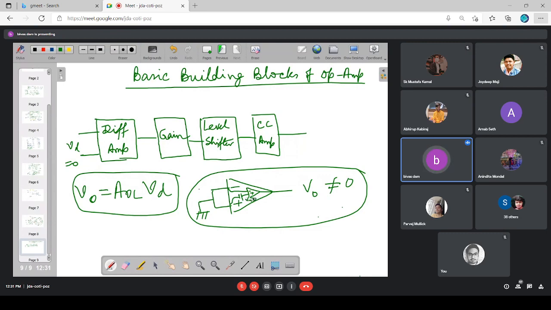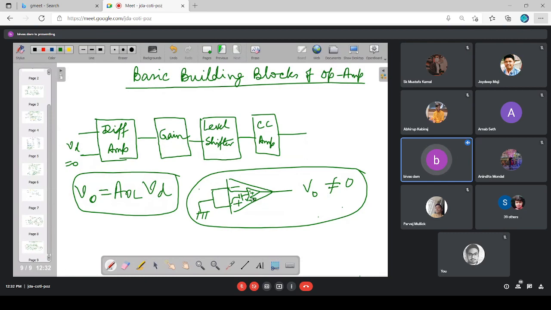And this voltage source is called the VIO value. If I can assume it, I can explain the input-output relationship of this practical operational amplifier also. So to have one mathematical explanation of the input-output relationship, we have to consider that the practical operational amplifier consists of two components: the ideal operational amplifier and one fictitious voltage source VIO.